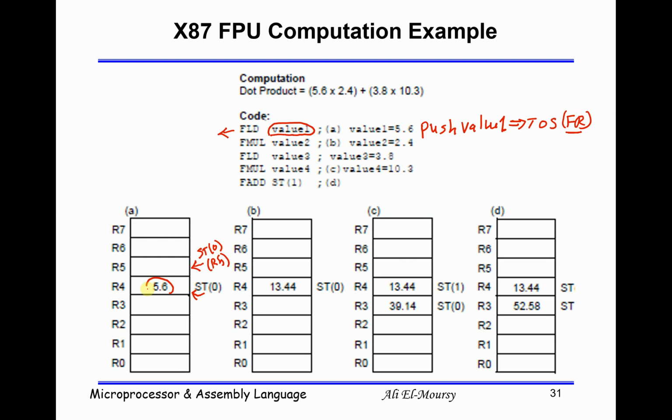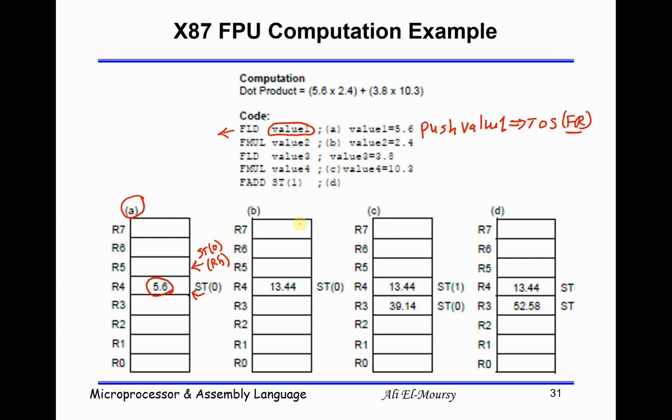So this is similar to pushing the value from memory into the stack register. This figure shows a snapshot of the registers after executing the first instruction. This is part A.